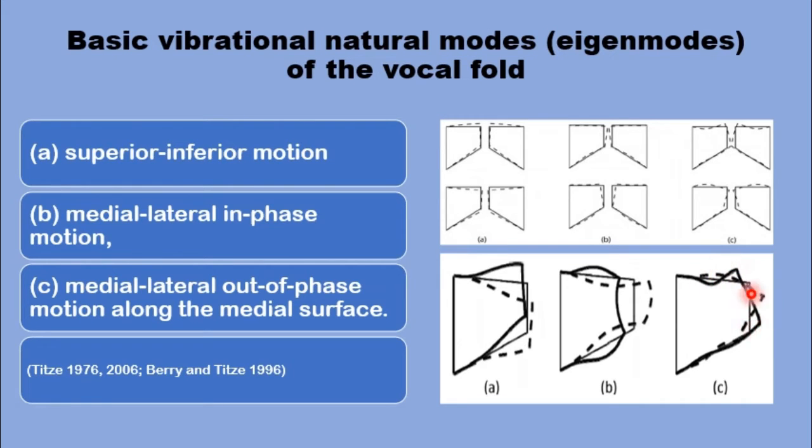When the tissues move, there will be some heaping of the tissues in both these modes of vibration, particularly this mode of vibration. It's just a part of the movement that the superior part of the vocal folds will rise up and the inferior part will also rise up during phonation. Or it can be considered a separate type of phonation with an upwards and downwards movement of the vocal folds.